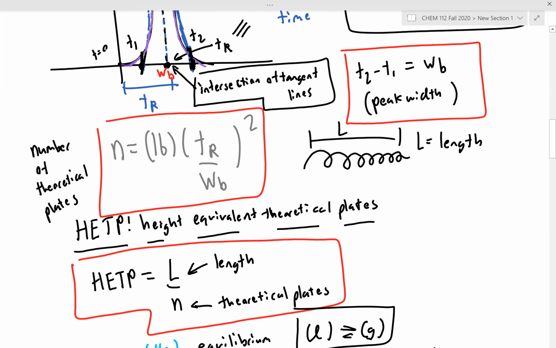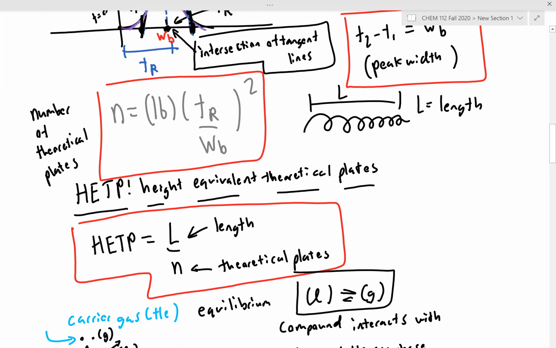To do that, we measure the height equivalent to a theoretical plate, HETP, which is defined as the length over the number of theoretical plates. Essentially, the smaller your HETP, the more efficiently your column is able to separate your compounds.